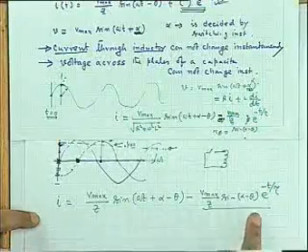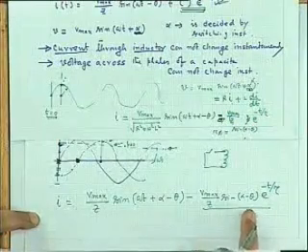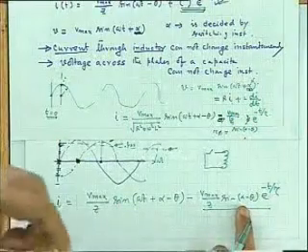Suppose I don't bother about any physical interpretation. You solve it classically, you will get a solution like this. What is alpha? Alpha is my own interpretation, that is when I am closing the switch.